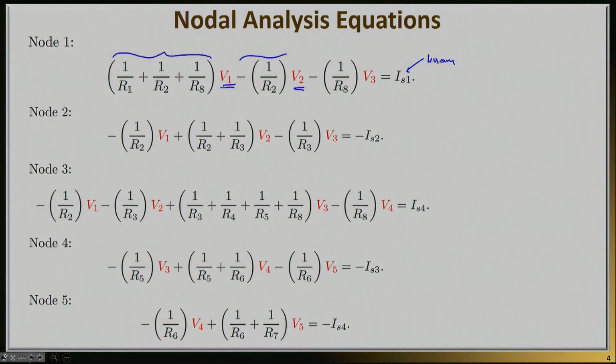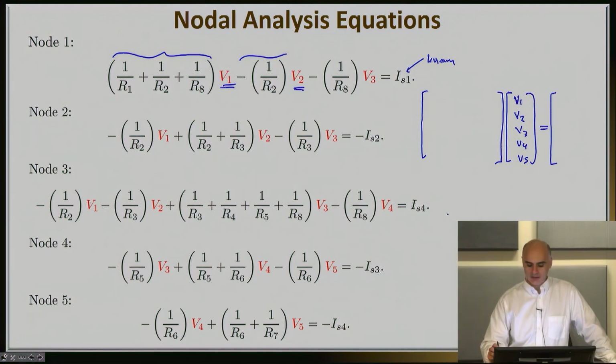Now, once I have my equations in this form, and it really doesn't take much to write them that way, then I can basically go ahead and put them in a matrix form. What does matrix form mean? It means you will have all the known coefficients in a matrix. You will have all your unknowns in this vector here. And then you will have on the right-hand side a known vector.